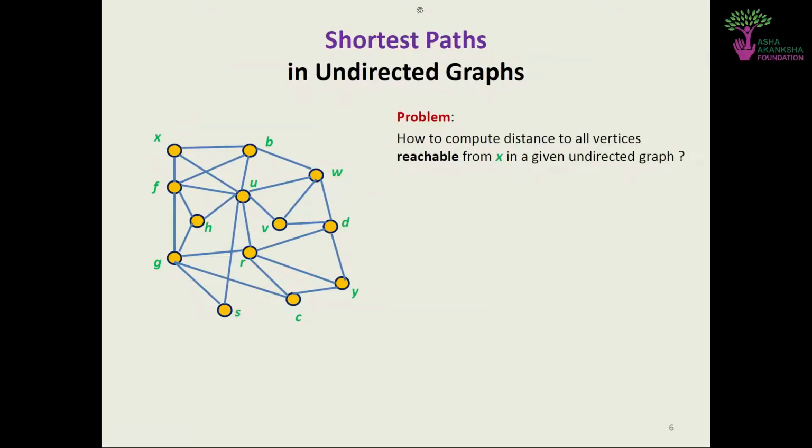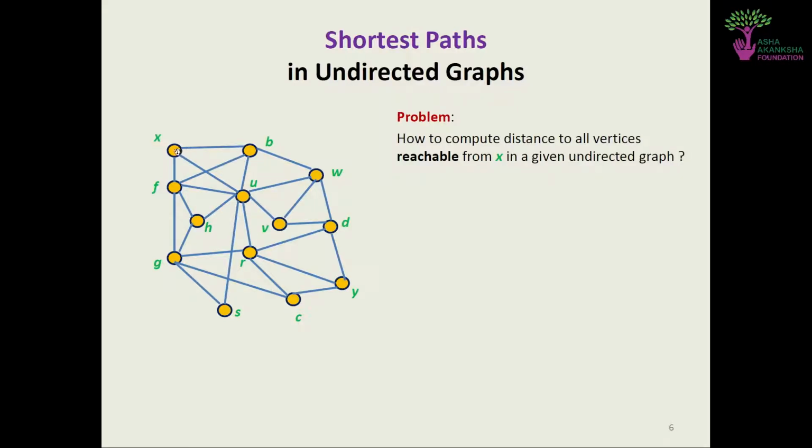Now we want to calculate the shortest distance in undirected graphs. So how can we do so? The problem is how to compute the distance of all vertices reachable from x in a given undirected graph. Here is an example. We are taking x as the base node, and we want to calculate the shortest distance of all the other vertices from x. You can see that f is clearly at distance 1 from x, and let's say here is v.